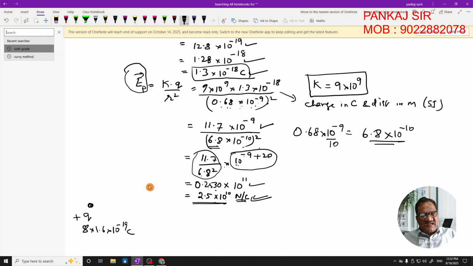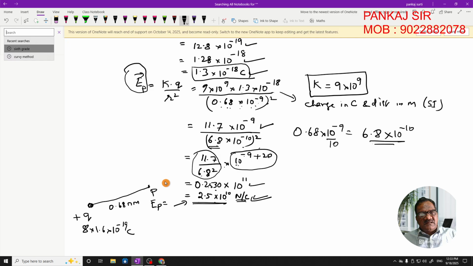From this charge, at a distance of 0.68 nanometer, there was a point P, and at this point we found the electric field strength to be how much? This is the answer, 2.5 into 10 raised to 10 Newton per Coulomb. This is the magnitude of the electric field strength.